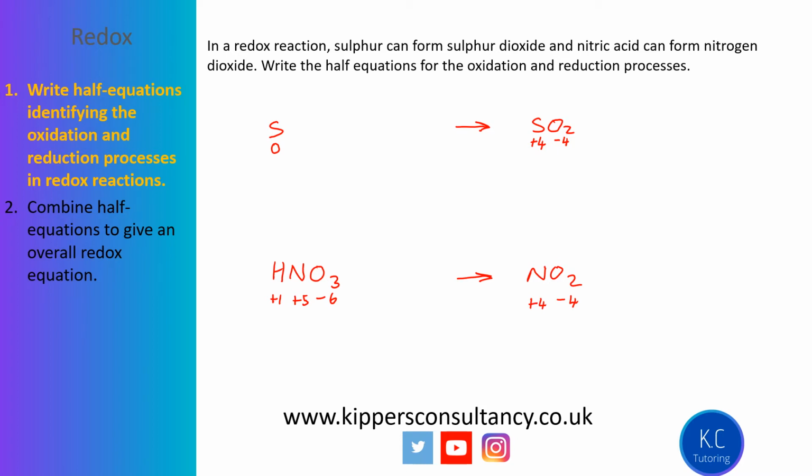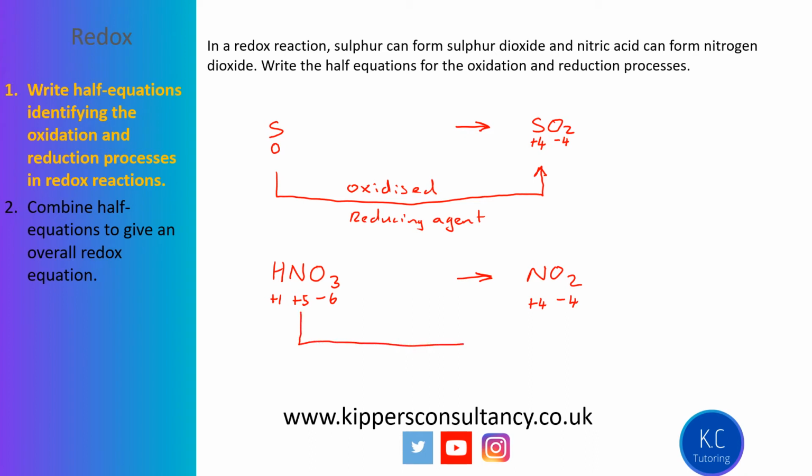What does this tell us? Well, this tells me that the oxidation state of sulfur has increased. So that would tell me that the sulfur is oxidized, or we could call it the reducing agent. And that tells me that the nitrogen's oxidation state is reduced.